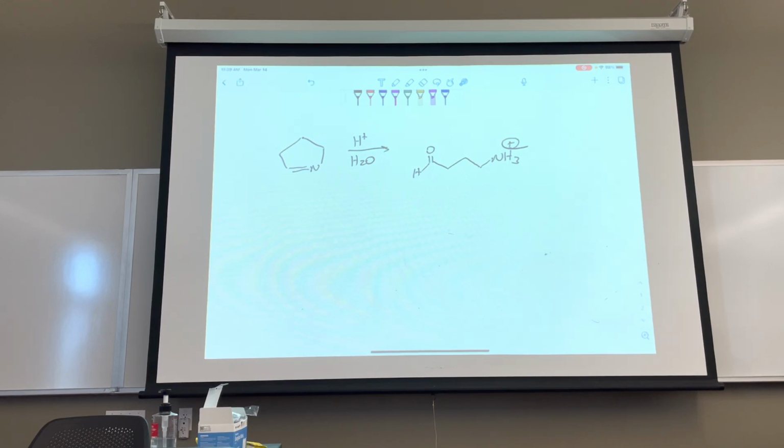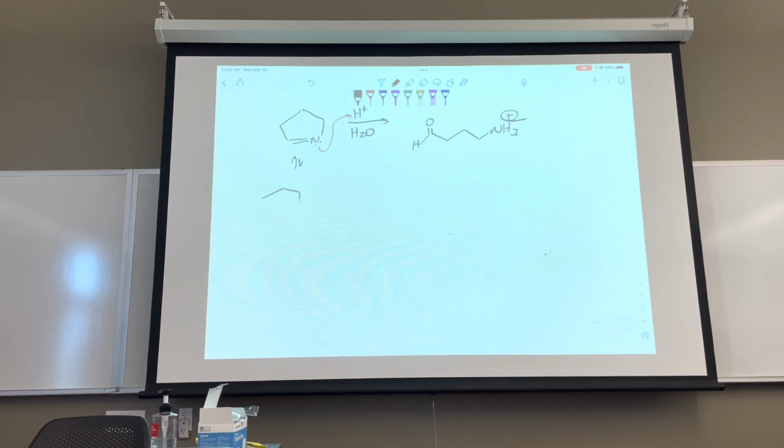So with that, I think the most logical thing to do, in this case, given the reagents that we have, is have the nitrogen with its lone pair attack the proton. Give us something that looks like this.